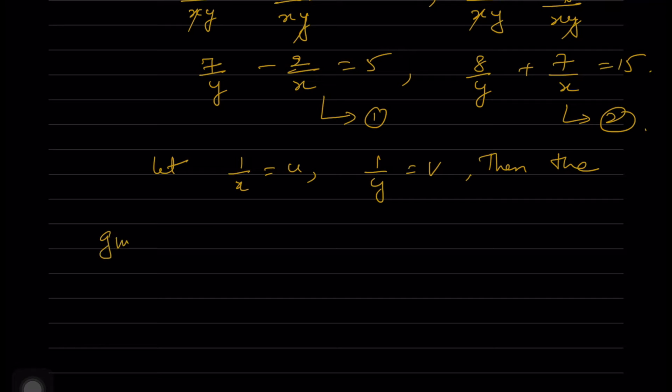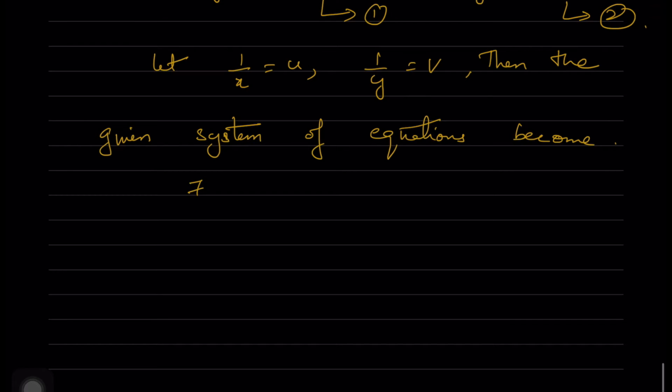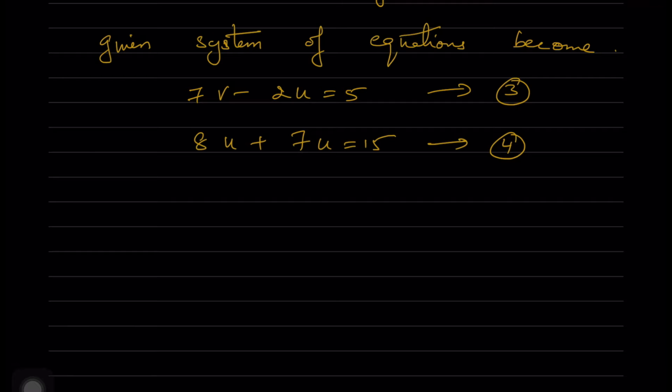Taking them as the first and second equation, you can write 7v minus 2u is equal to 5 and 8v plus 7u is equal to 15. This is the third and the fourth equation we take. We can actually take this as 1 and 2, but because I have written the previous ones as 1 and 2, I have taken this as 3 and 4.